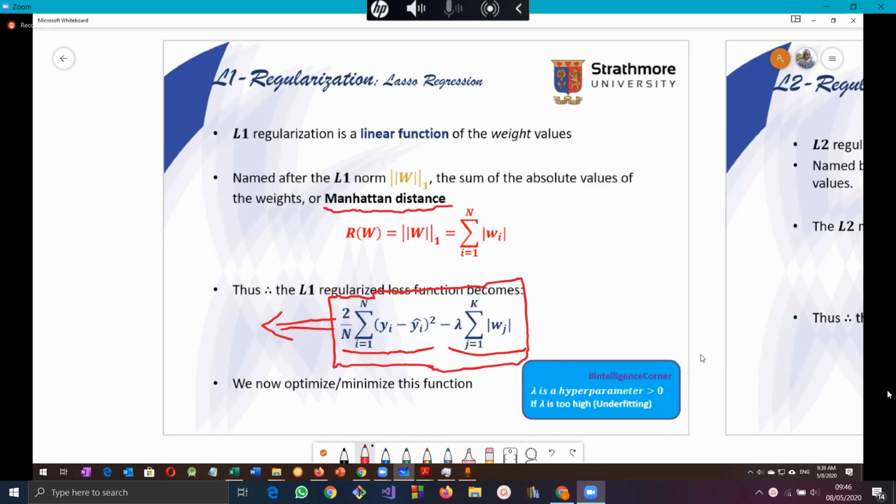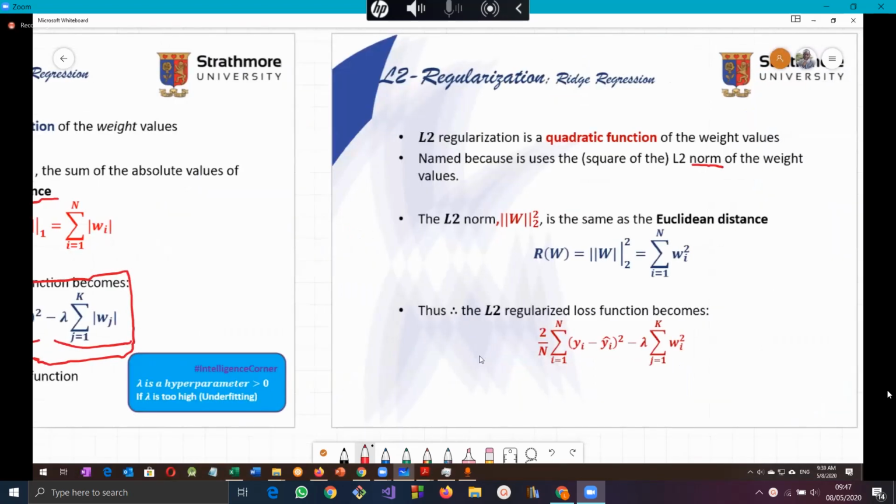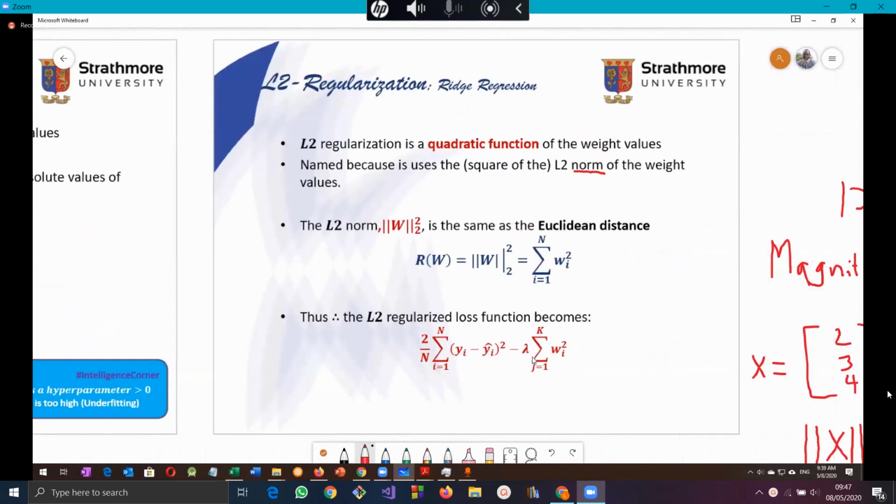So lambda is a parameter that controls. As of now, I'll just give you the value of lambda. Then the rest will just stand as they are.